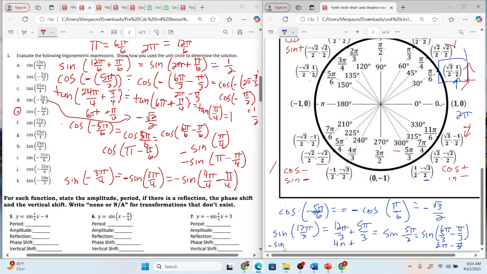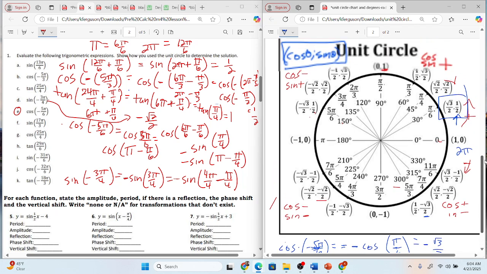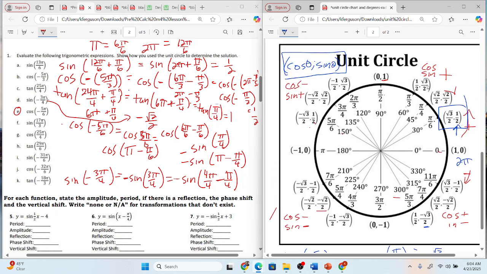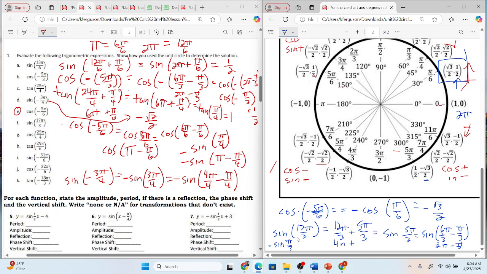So negative sine of pi over 3. So what is negative sine of pi over 3? Well, 60 is the square root of 3 over 2. Well, negative sine of that means we're dealing with negative square root of 3 over 2.